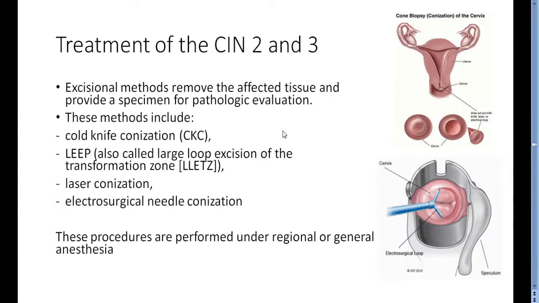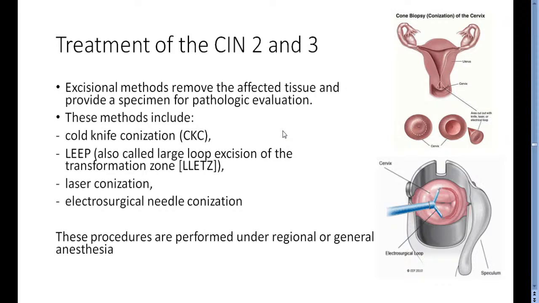Unfortunately, for CIN2 and 3, you need to use excisional methods to remove the affected tissue and provide a specimen for examination. These methods are usually called knife conization. So you do a cone biopsy of the cervix, which may have CIN2 or 3.